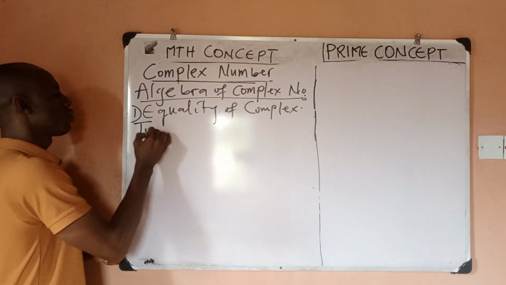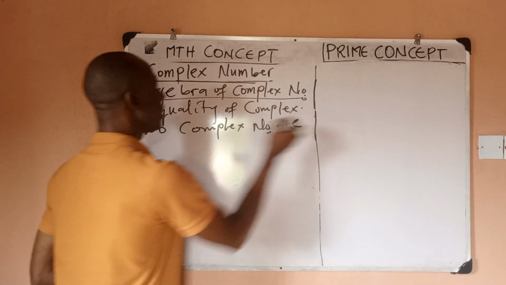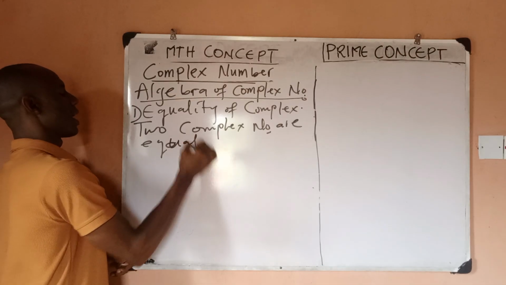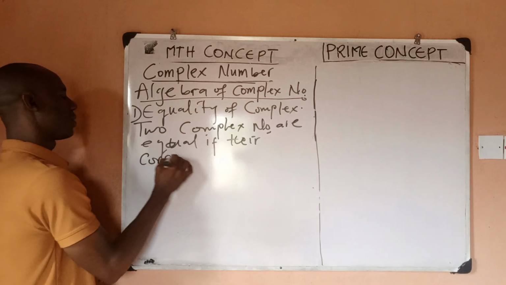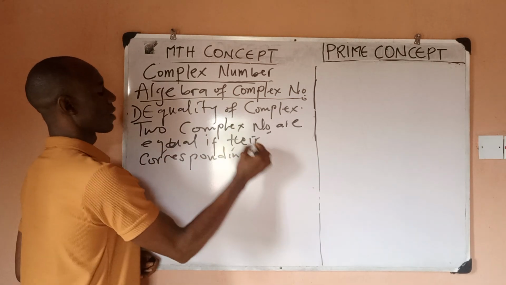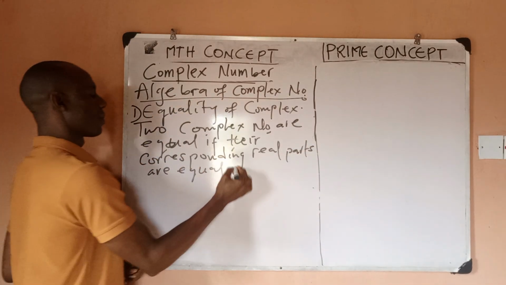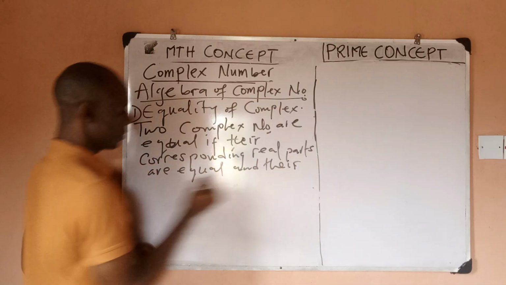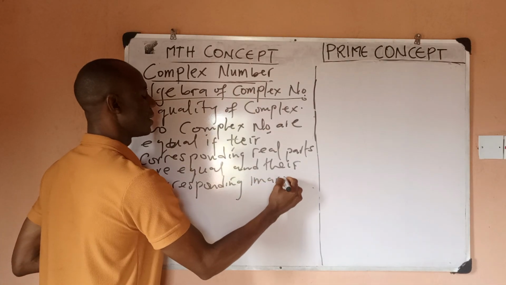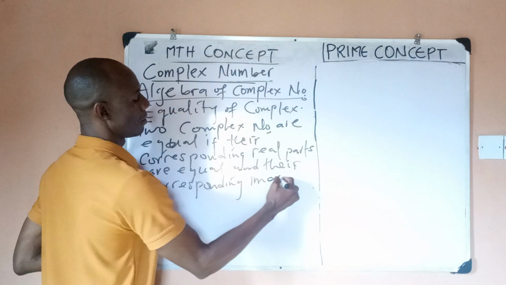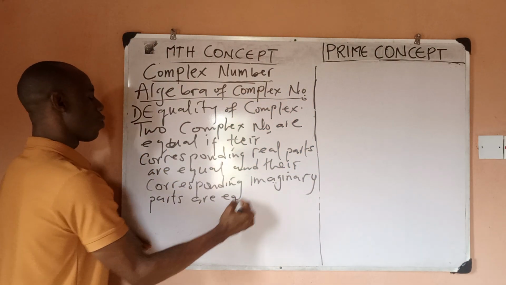Two complex numbers are equal if their corresponding real parts are equal, and their corresponding imaginary parts are equal.